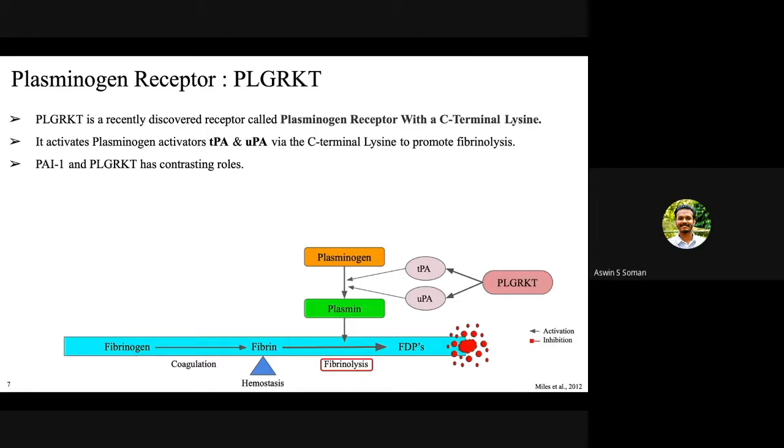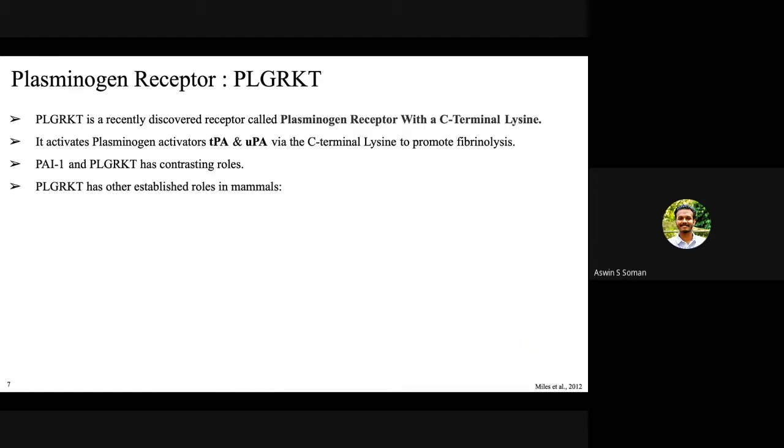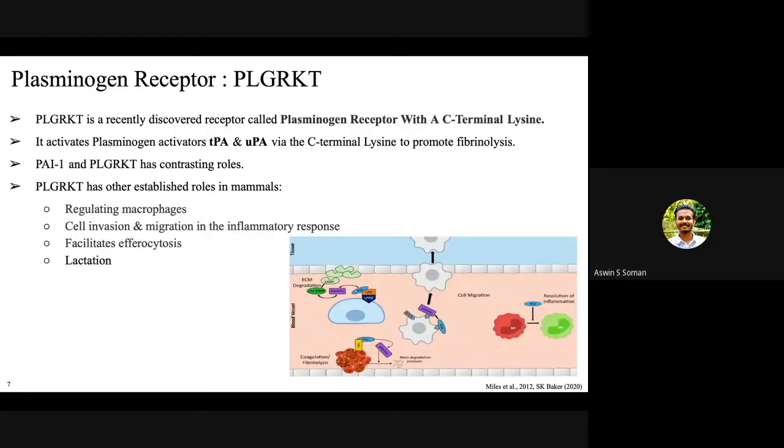And additionally, PLGRKT has other established roles in mammals, mainly in immunity, such as regulating macrophages, which is also involved in efferocytosis, and cell invasion and migration require extracellular matrix degradation, which is also done by the protease plasmin, and they're also involved in lactation.